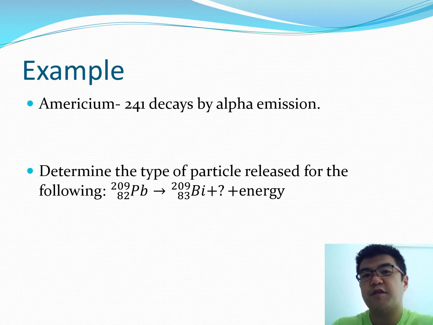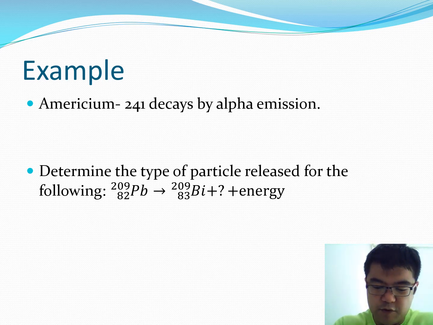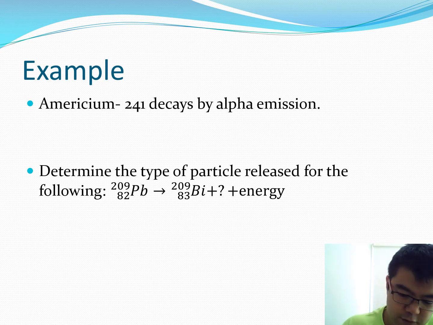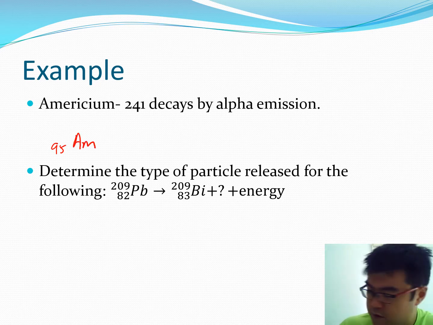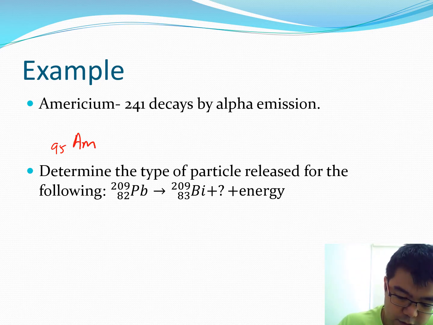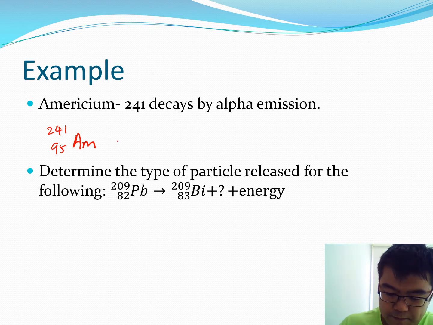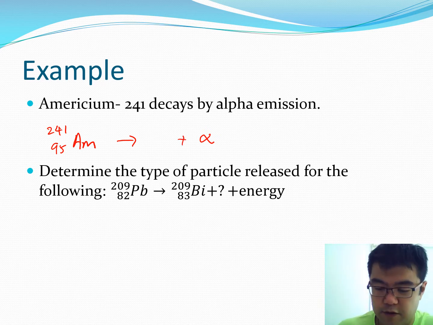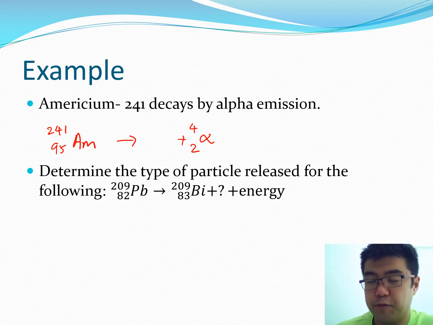Okay, so just to give you some examples, americium-241 decays by alpha emission. So if you look on the periodic table, americium has an atomic number of 95, the symbol is Am, and it tells you that the mass is 241. So we have an alpha particle, and we said the alpha particle has a mass of 4 and an atomic number of 2.